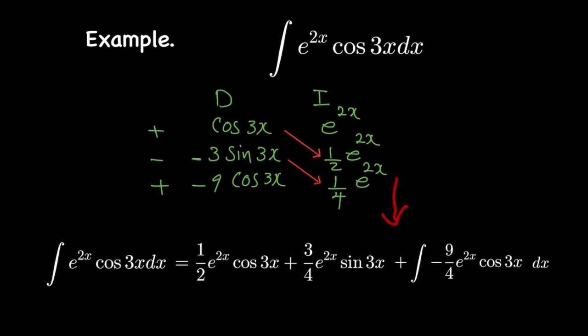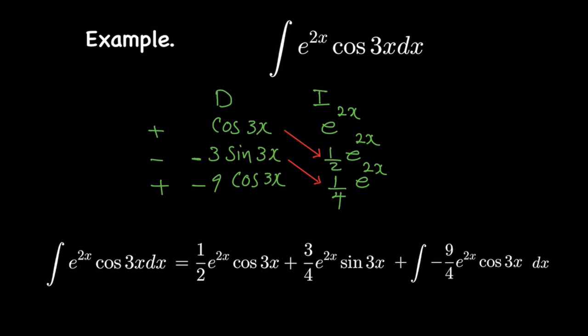And if you keep doing this, every two steps, you're going to get the same function. So you will end up inside a loop. This will never end. So we will stop here because we're giving the same function up to a constant.